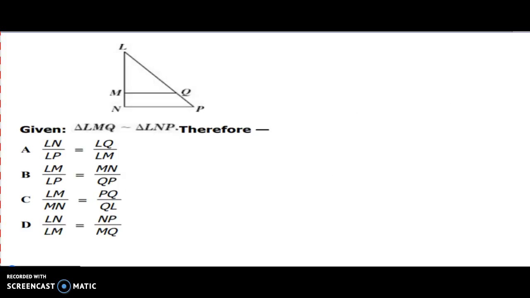I need to figure out which ones of the similarity statements are true. So let's start comparing them. LN, that's the whole left side, to LP, that's the whole right side, is to LQ. Nope, I just switched it up. That one's no good.